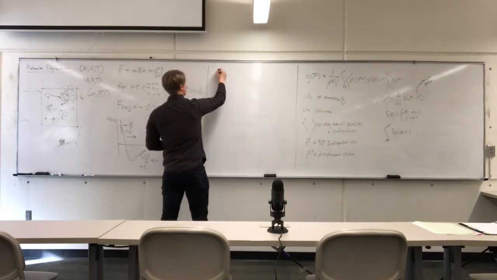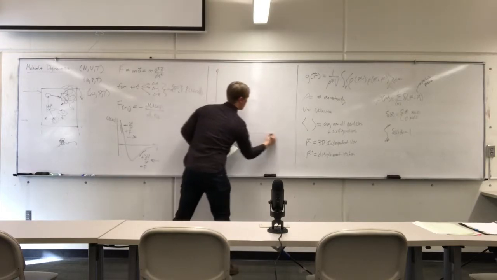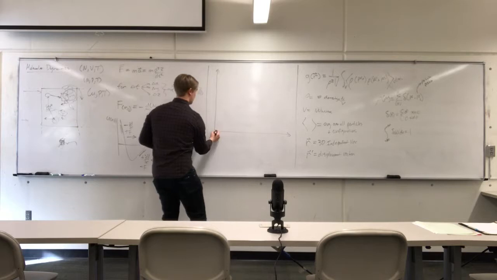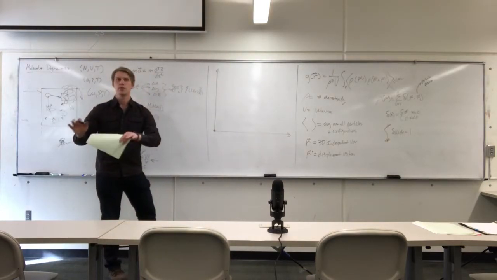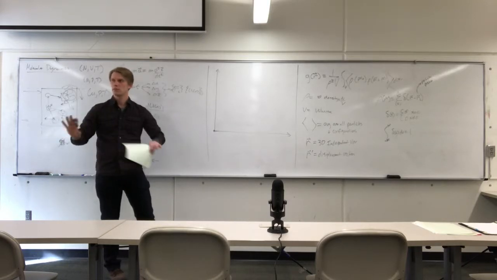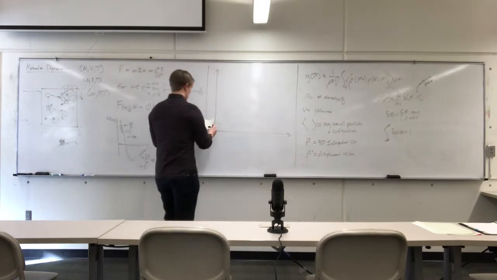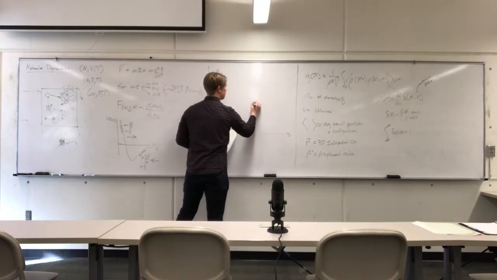So if we have a simulation box, I'm just going to draw out a 2D box. This is going to be some arbitrary point that we call x equals 0, y equals 0, z equals 0. It could be the corner, could be the center, doesn't matter. We can have a particle here and a particle there.